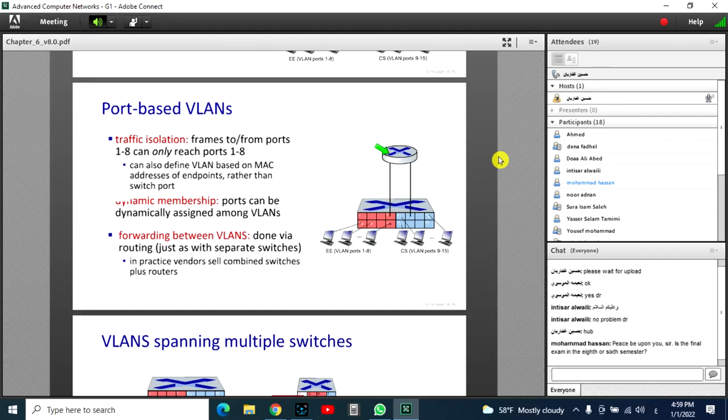Why? Because the router works in layer 3. So the router does not have information about the VLANs. The VLANs are in layer 2. Okay? So we send information to a router in layer 3, and at that place, the router does not know about VLANs, so it simply forwards data to another switch.